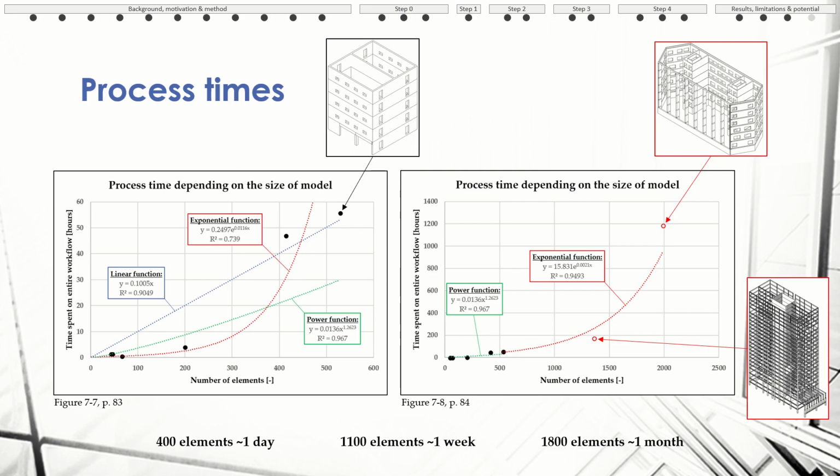And by this we found that 400 elements in a model would take roughly a day to analyze with this workflow, 1,100 elements would take roughly a week, and 1,800 elements would take roughly a month, given that the computer has enough RAM to do the process.